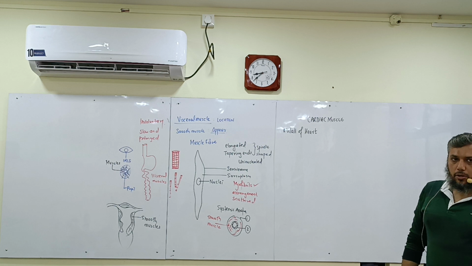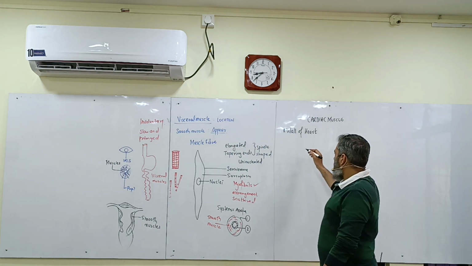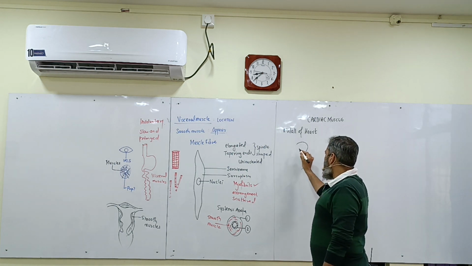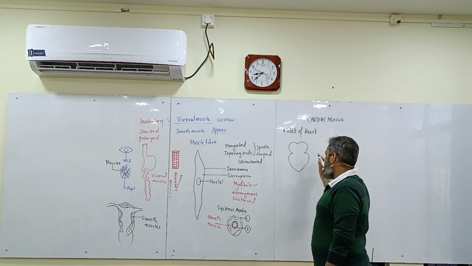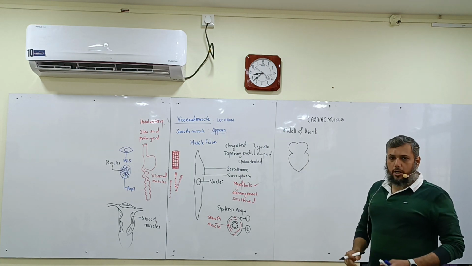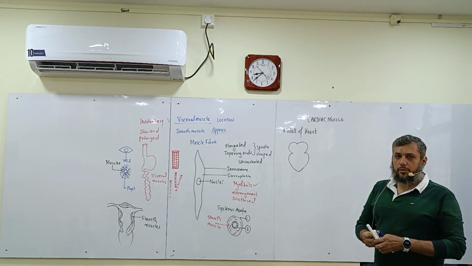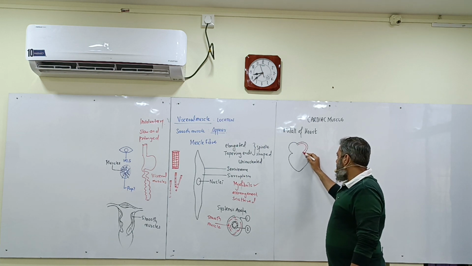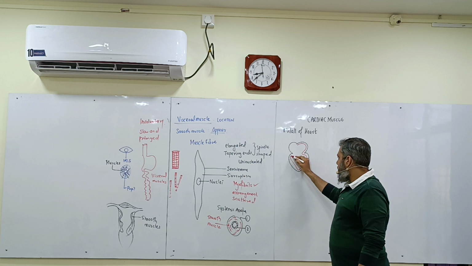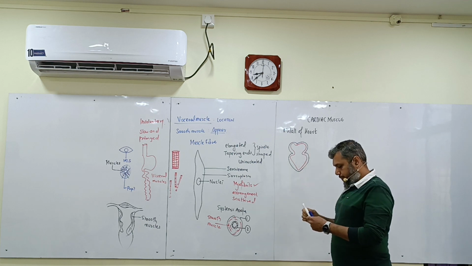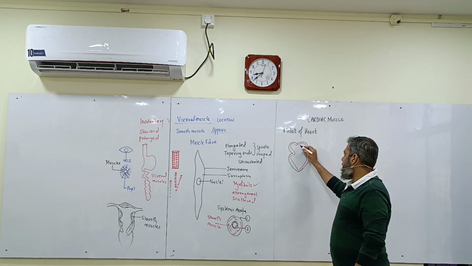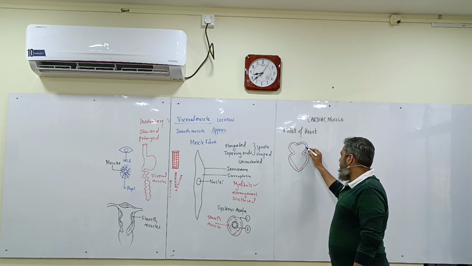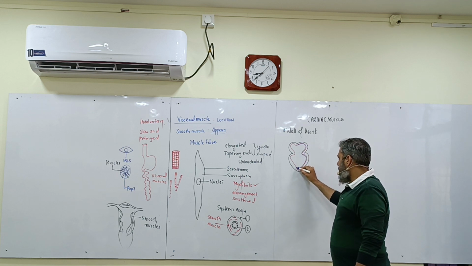Okay? So if I look at the heart, your heart has got three layers to it. The heart wall has how many layers? Three layers to it. And I'm showing it with three different colors.